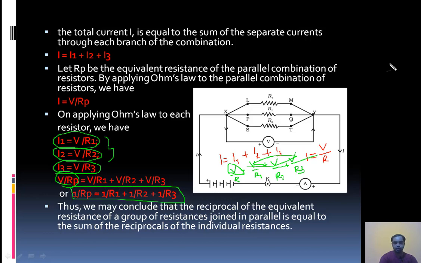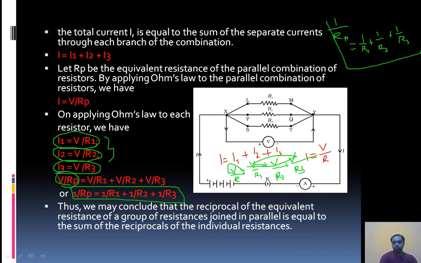here. So what is the conclusion in the case of parallel connection? 1 by Rp is equal to 1 divided by R1 plus 1 divided by R2 plus 1 divided by R3.